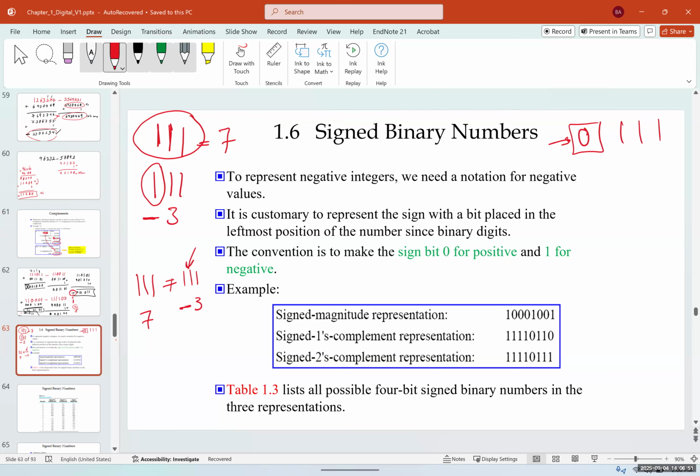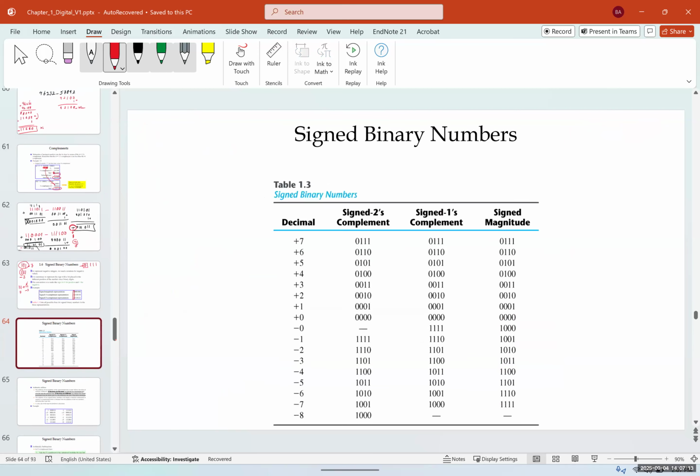So the sign magnitude representation is going to be 1 0 0 0 0 1 0 0 1. And for the ones complement, as you can see, we have flipped all the digits but the leftmost digit. We kept that because that is not part of the number. That is our sign bit. When we complement it, we're going to change that. This table lists different binary numbers with their twos complements, ones complements and signed magnitudes. You can see positive 7 is going to be 0 1 1 1 1, and so on.